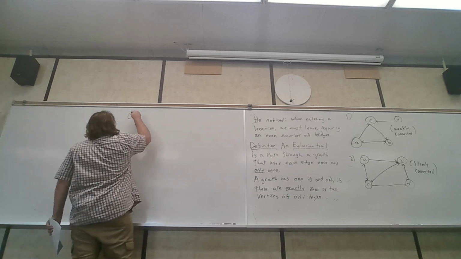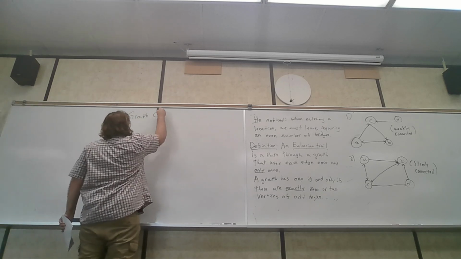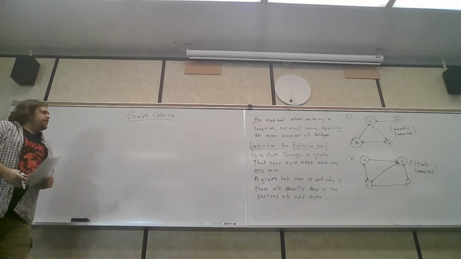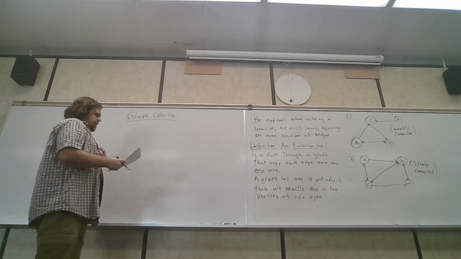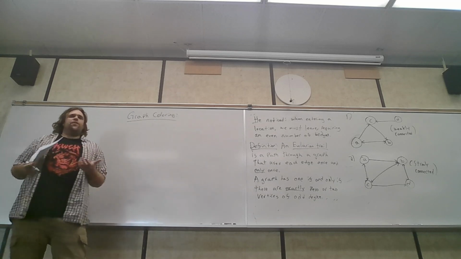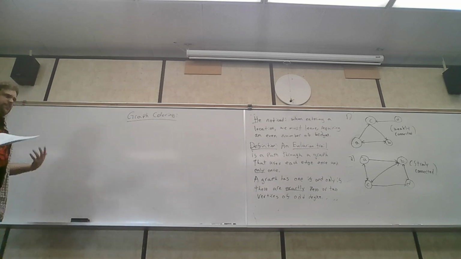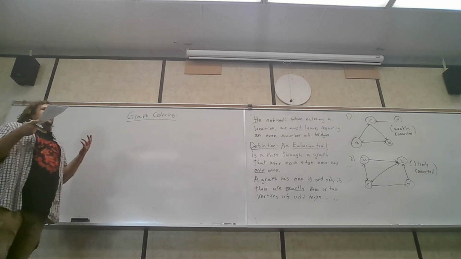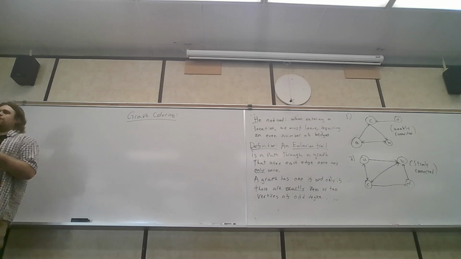So, another one is graph coloring. This is essentially just an algorithm that assigns colors to the vertices of a graph, where no connected vertices share the same color.